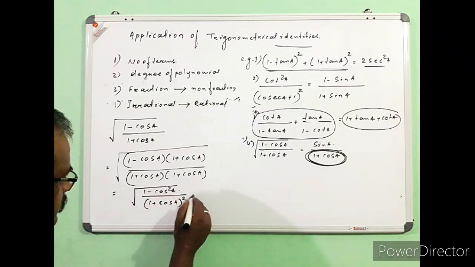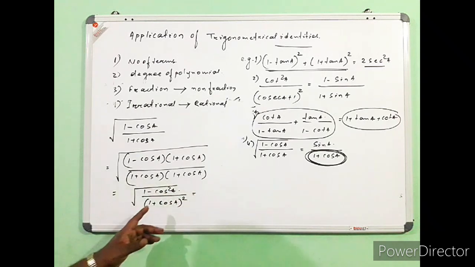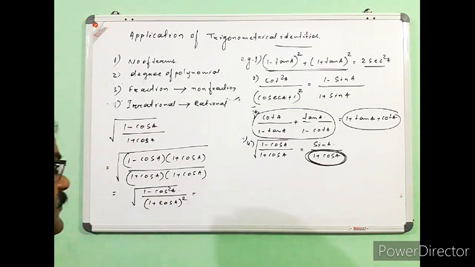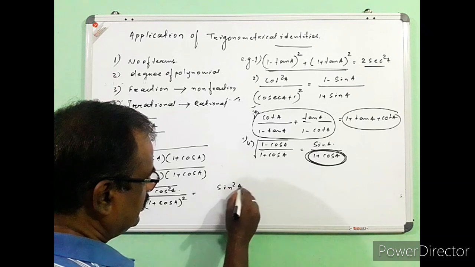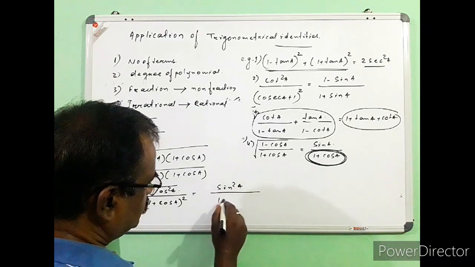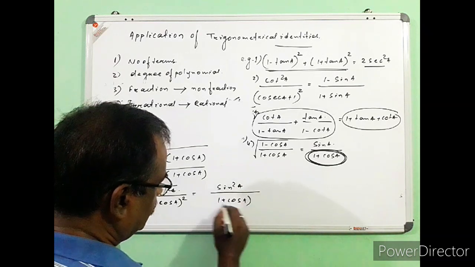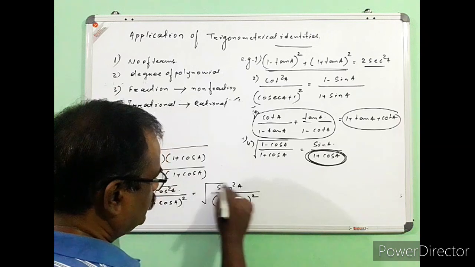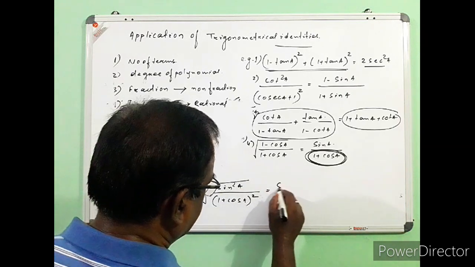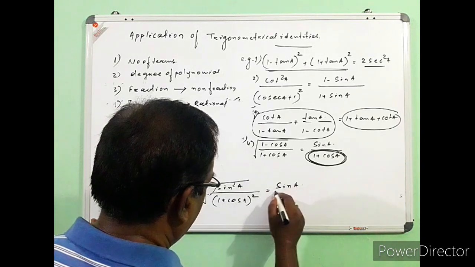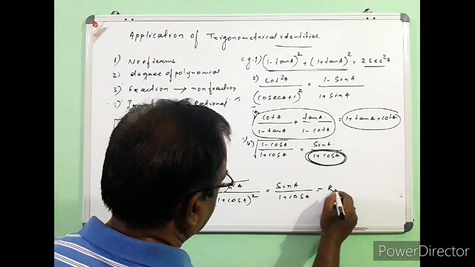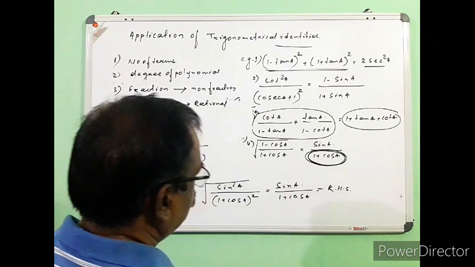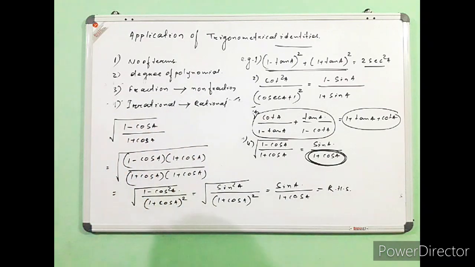But as you know, 1 minus cos square A is equal to sin square A. So it will be the square root of sin square A by 1 plus cos A whole square. Taking out the square root, we get sin A by 1 plus cos A, which is equal to your RHS.